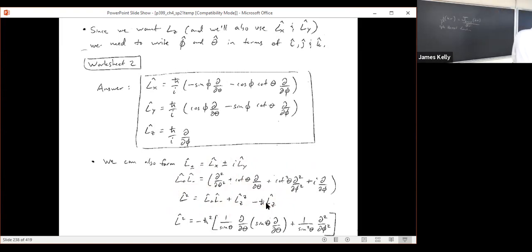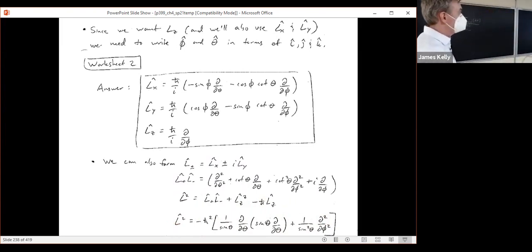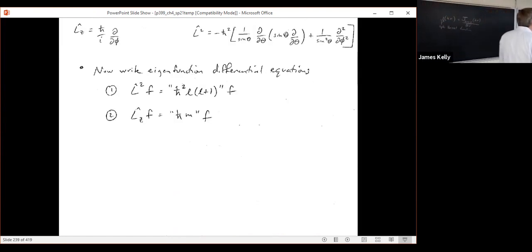And therefore, this expression for L squared is an explicit differential spatial operator for the total square of the angular momentum. So we've got L squared and we've got LZ now, and we're ready to write down our differential equations for L squared and LZ.